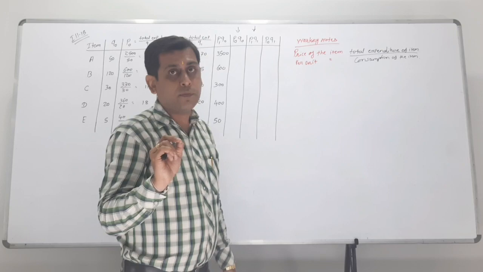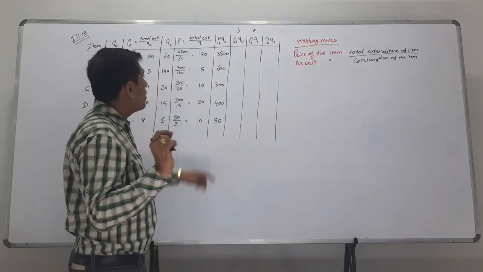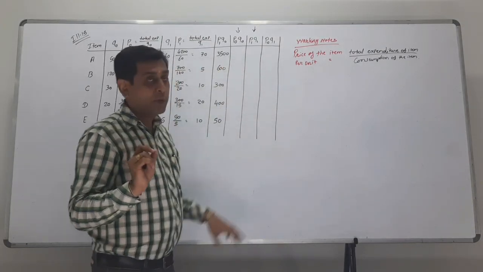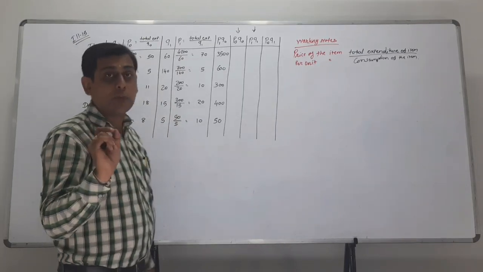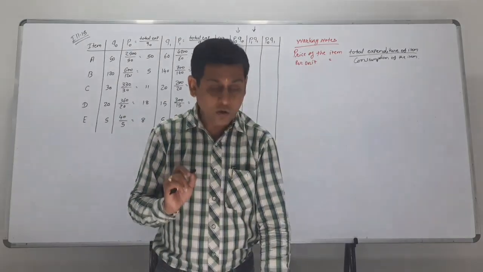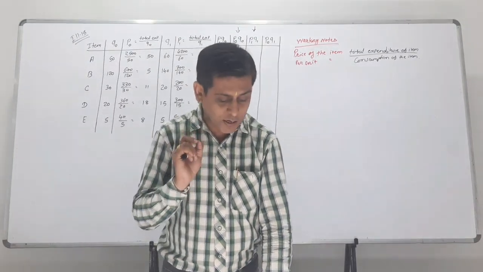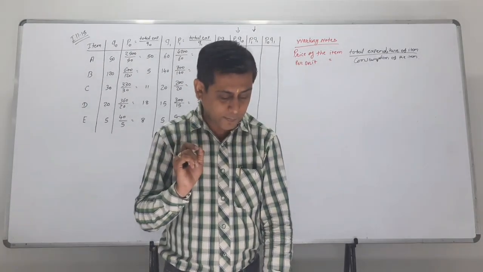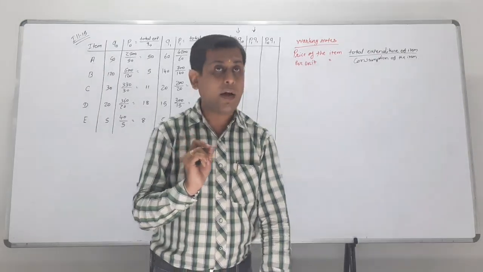Keep in mind that P0 Q0 is the total expenditure for the base year.